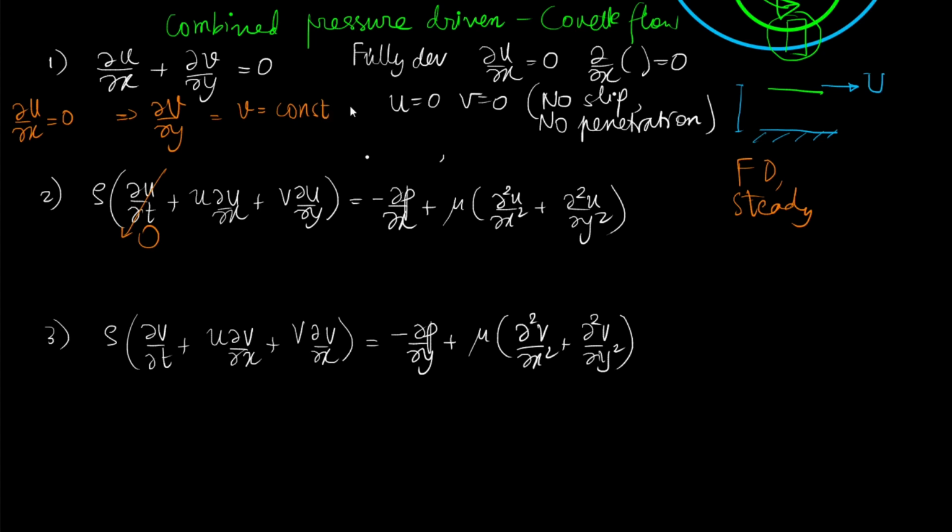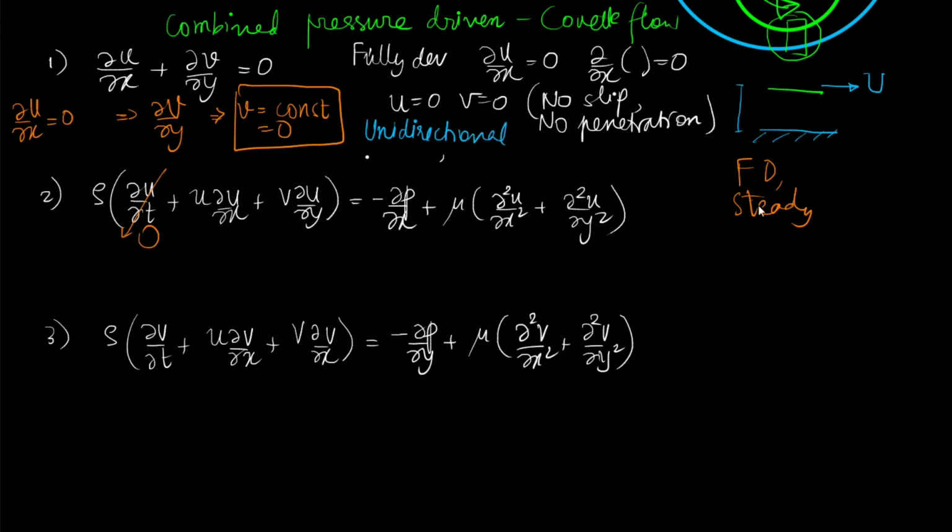I mean, v could be only a function of x, but because it's a fully developed flow, v cannot be a function of x. So v is a constant, and because v equals 0 at the walls of the domain, that constant is equal to 0. So v equals 0 everywhere. So it becomes a unidirectional flow. There is no other component of flow apart from the flow in the x direction.